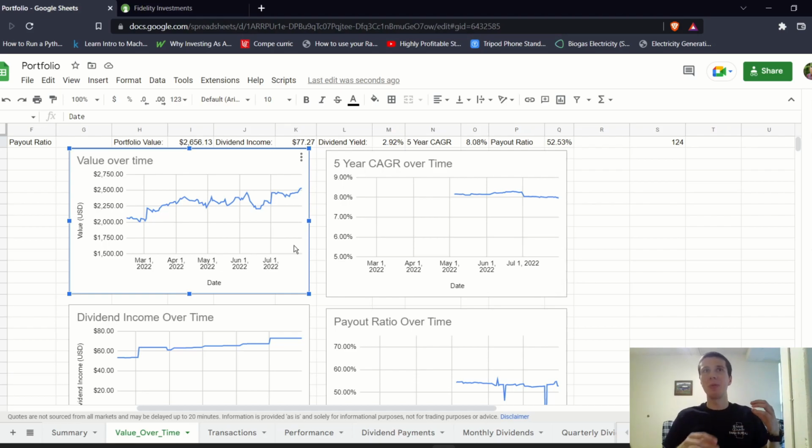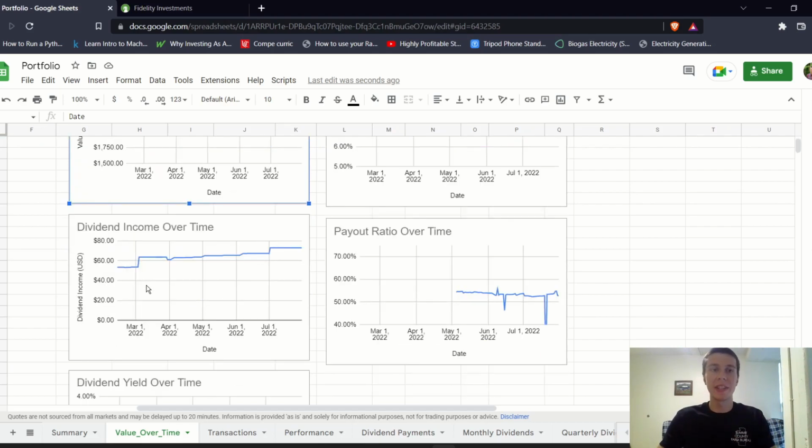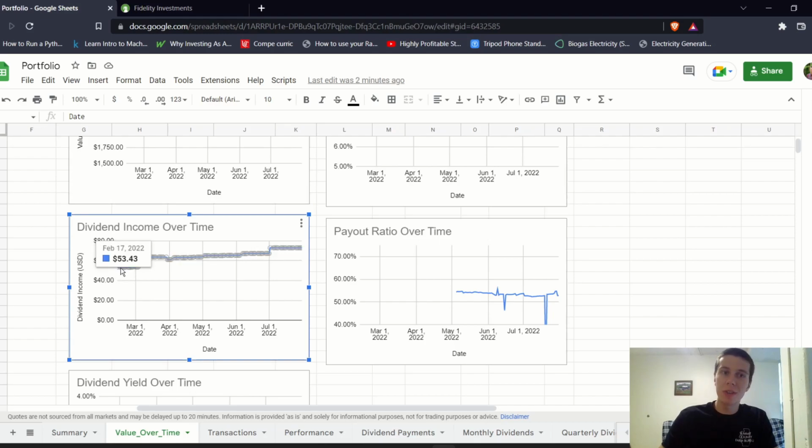And sometimes when we just get caught up in the day-to-day, we don't get time to look back and reflect on how far we've really come. And doing this has really allowed me to look back and see the progress I've made. Similarly with dividend income, back in February, we were around $50 in projected dividend income, and now we're up above $75 in projected dividend income per year, which is really exciting to see.